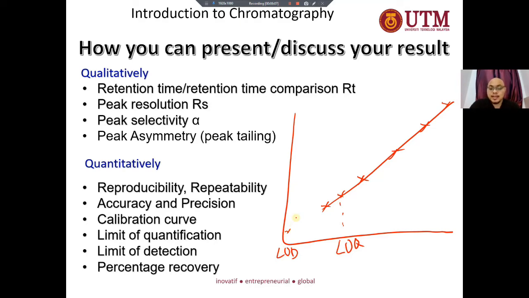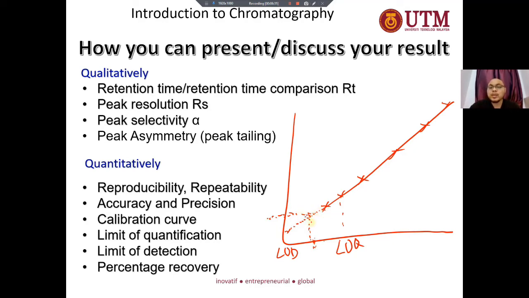Let's say you have an area within this range. You will not be able to use the calibration curve directly to calculate the sample because you don't have this line as the reference. So you cannot know exactly. But you have the virtual line you can use.